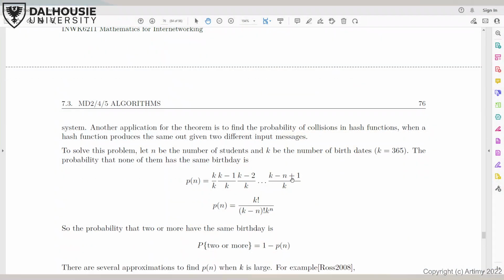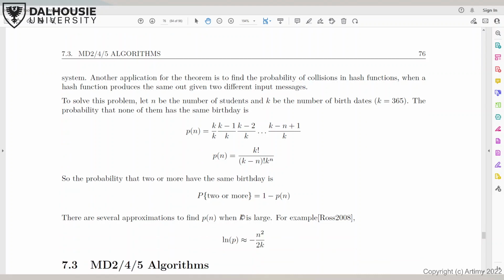Alright, somebody will say, okay, now how is that related to the collision that we talked about, the messages that we talked about? Now imagine the messages that we have are k.